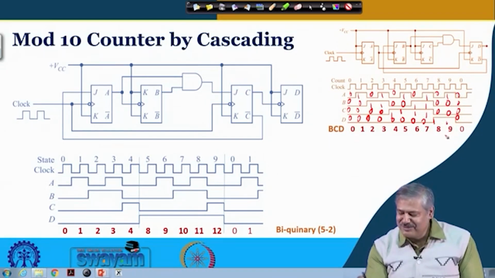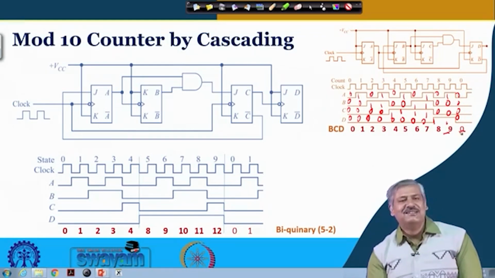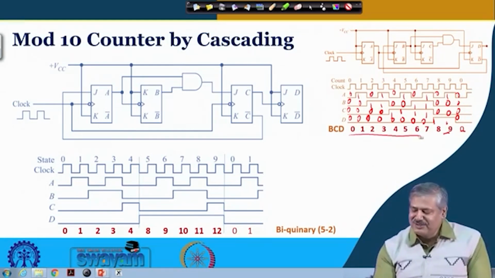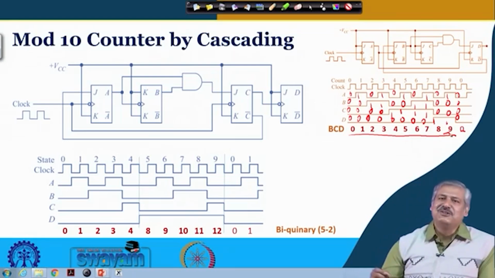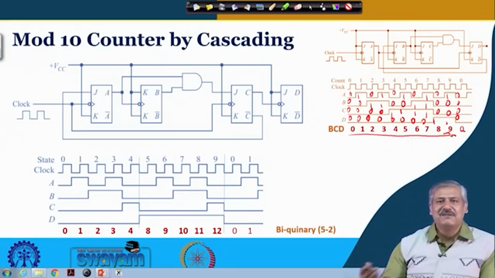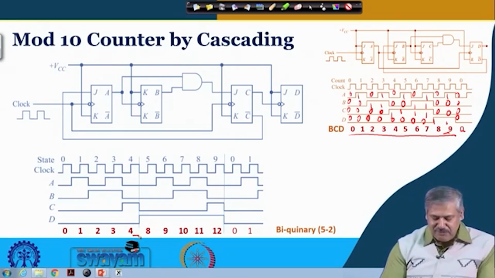So 1 0 0 1 means 9, after that again 0 has come. So you have got 0, 1, 2, 3, 4, 5, 6, 7, 8, 9, and then 0, 1, 2 again it repeats. So this is a mod 10 counter, but where the numbers are sequentially increasing and there is no such jump like from 4 to 8.